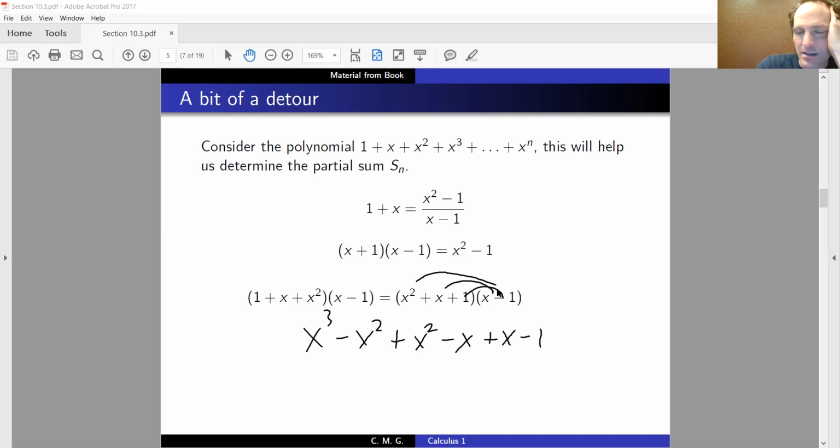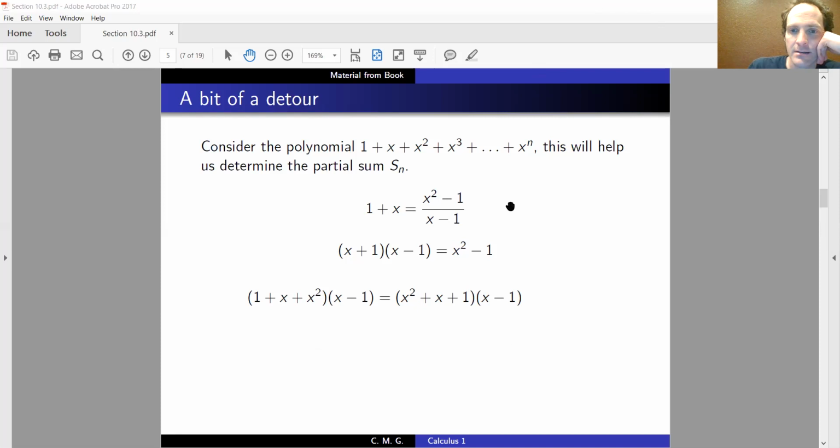What happens is what's called a telescoping behavior. The middle terms all come in pairs, a positive and a negative with the same power of x. And so what I'm left with is, in this case, x to the 3rd minus 1.